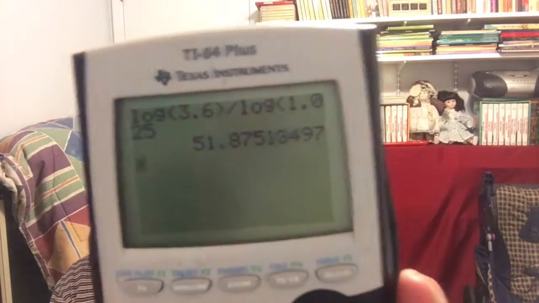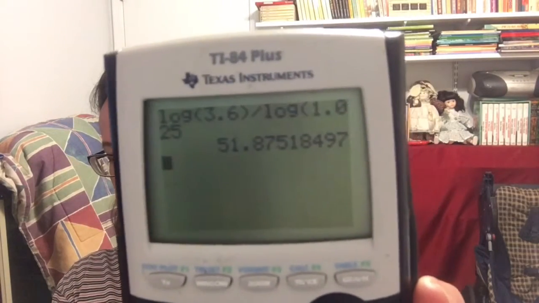So now I'm going to finish that math, and we're going to divide log of 3.6 on the calculator, and I'm going to divide that by log of 1.025. So I did that math.